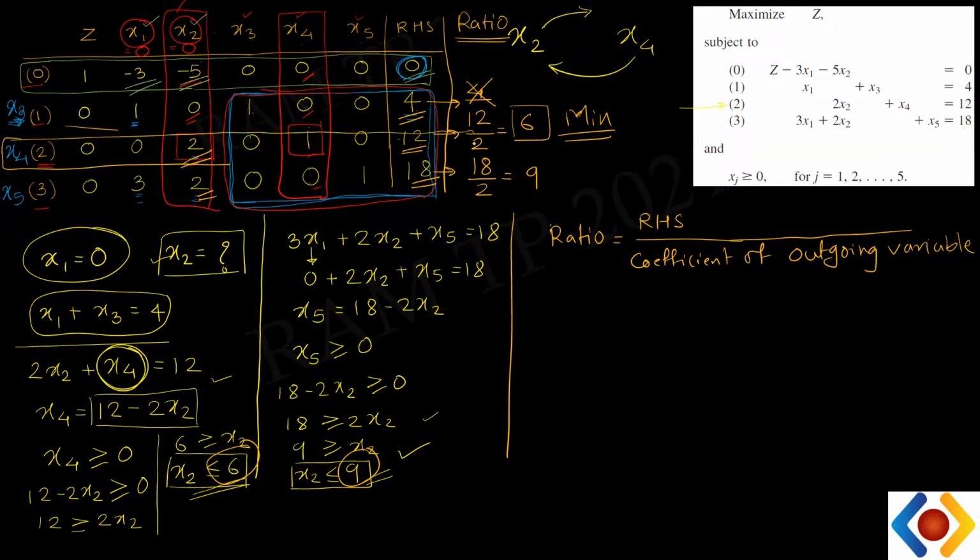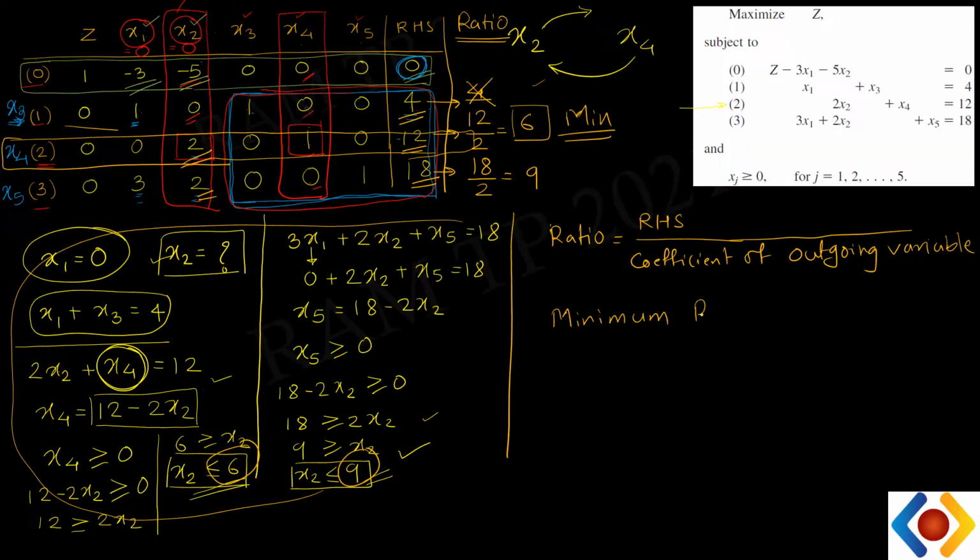So we decide that x4 is the new variable which will become non-basic. A quicker way of doing all these things is a simple test called the minimum ratio test.